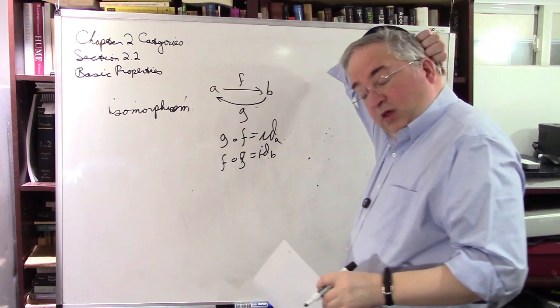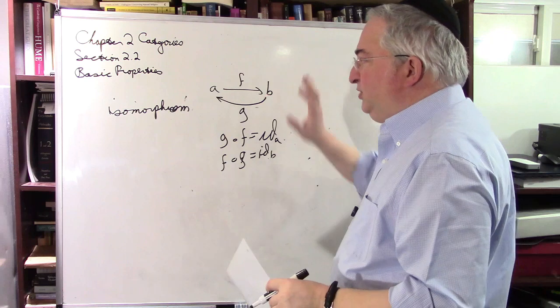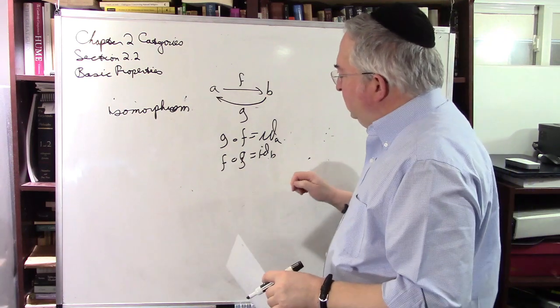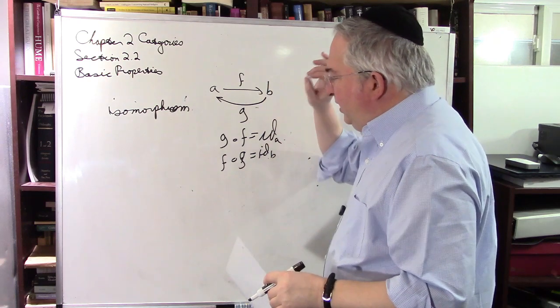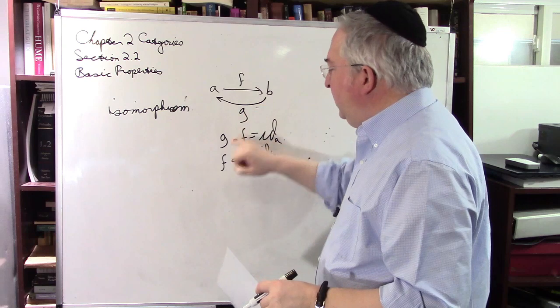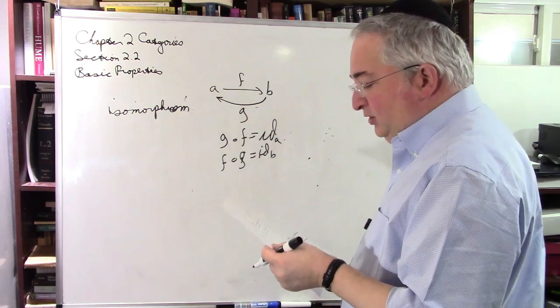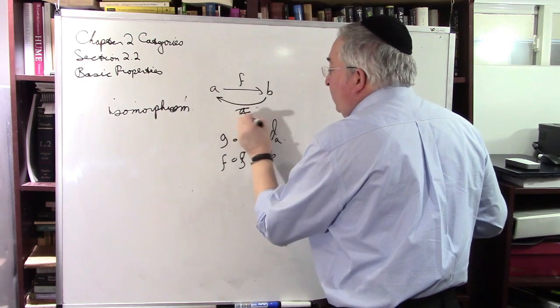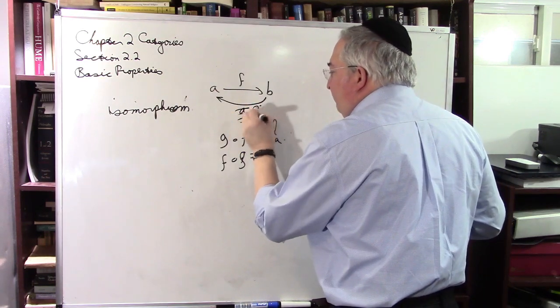Again, we'll talk about its relationship with epi and mono in a second, but the main point is this is a category theoretic definition. It's only talking about morphisms and compositions of morphisms. So that's very nice. In such a case, we write G as F minus 1.